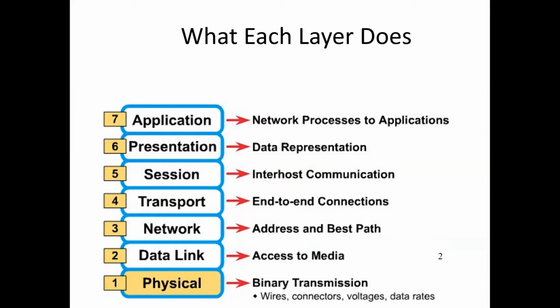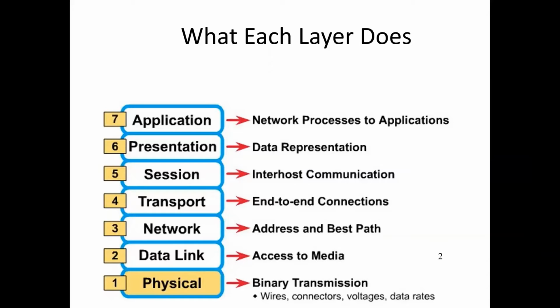In the physical layer, there is binary transmission. The binary transmission is done by wires, connectors, voltage, data rates, with data in the form of bits. The second layer, the data link layer, provides access to the media. In the third, the network layer finds the address and the best path. And at the transport layer, there is end-to-end communication between two systems.